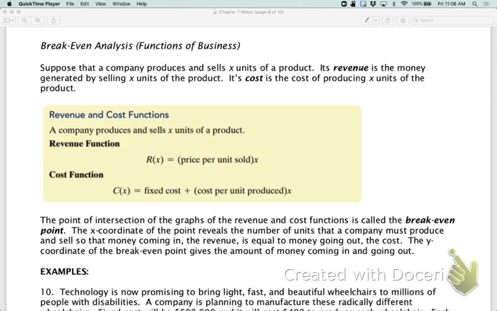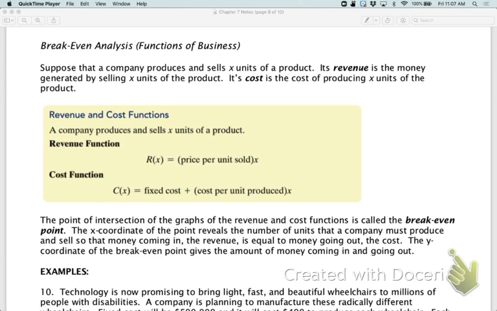That means it's called break even because you're making $0 profit, but you're also not losing any money. If what I am making from selling these items is exactly equal to the cost that it was to me to produce them, then I end up dead even. Okay, so the y coordinate then is going to tell you the amount of money that is both coming in and going out at that particular moment.